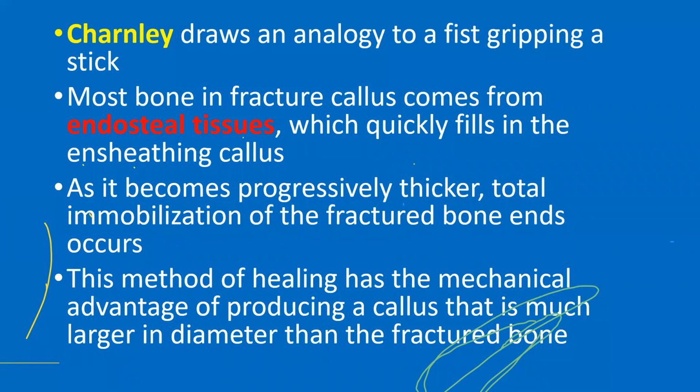Most bone in fracture callus comes from endosteal tissues, which quickly fill in the incising callus. As this becomes progressively thicker, total immobilization of the fractured bone ends occurs. This method of healing has the mechanical advantage of producing a callus that is much larger in diameter than the fractured bone.